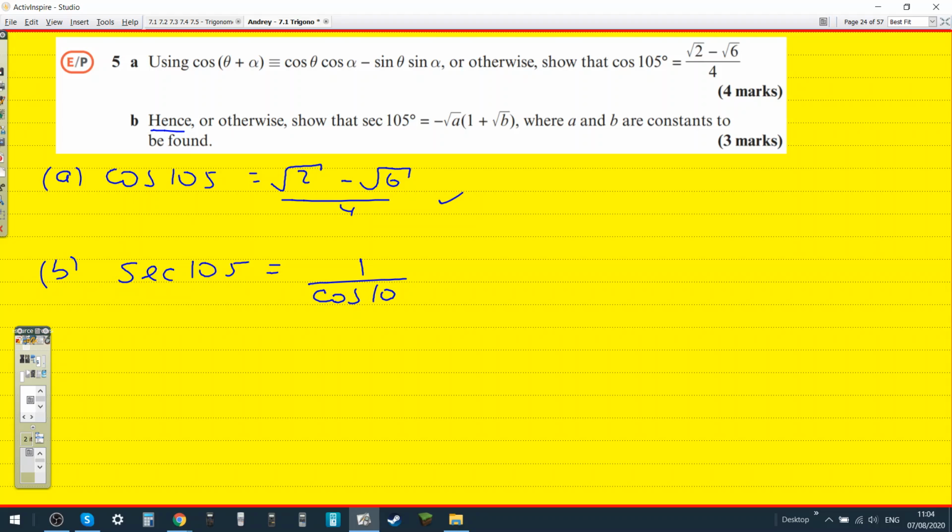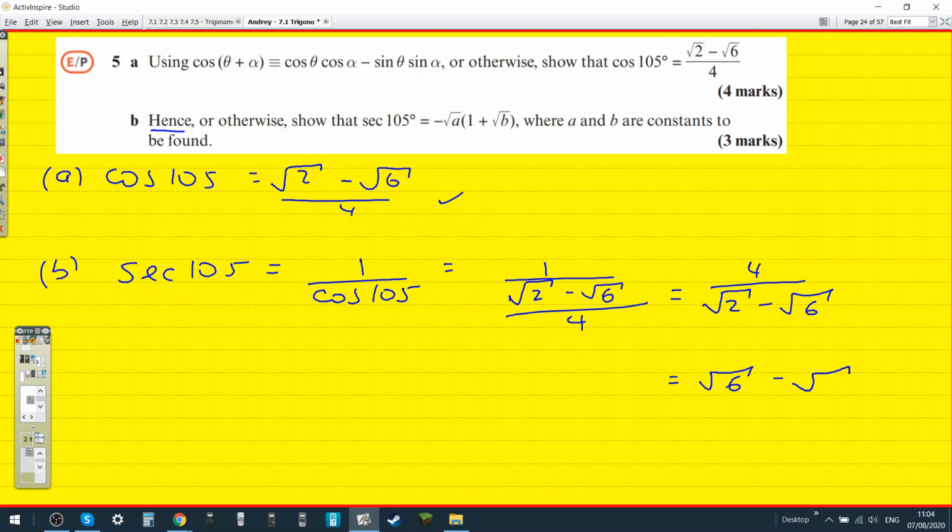And go on, stick that in your calculator. I got minus root 6 minus root 2.